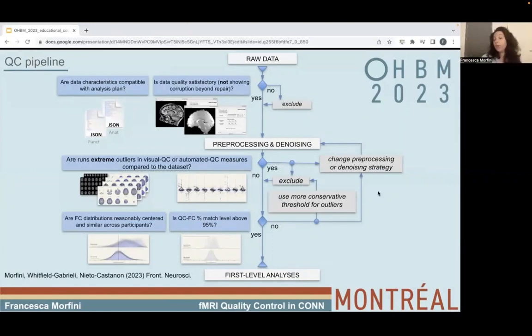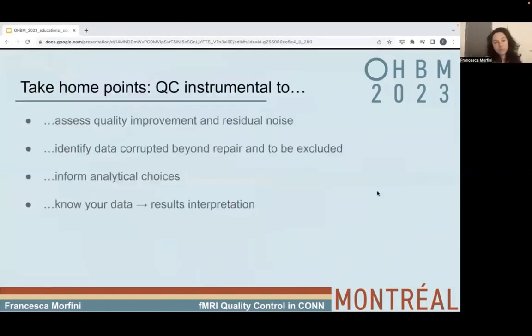And so the overarching goal of quality control can be summarized as trying to achieve four goals. One is to evaluate the data quality improvement on one hand, and also the amount of residual noise that is still in the data.